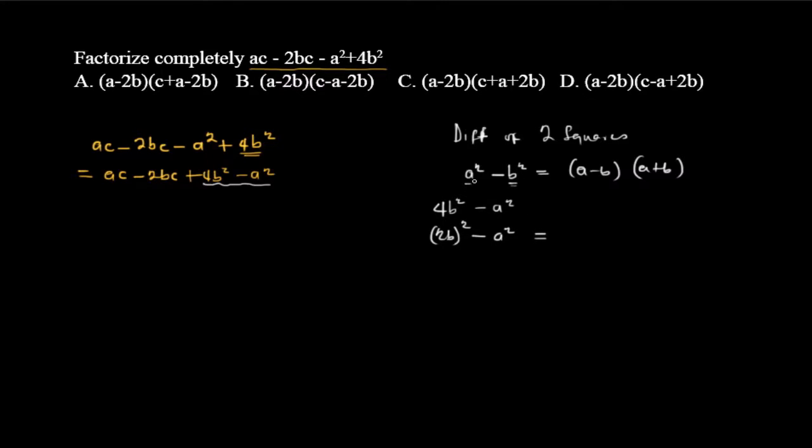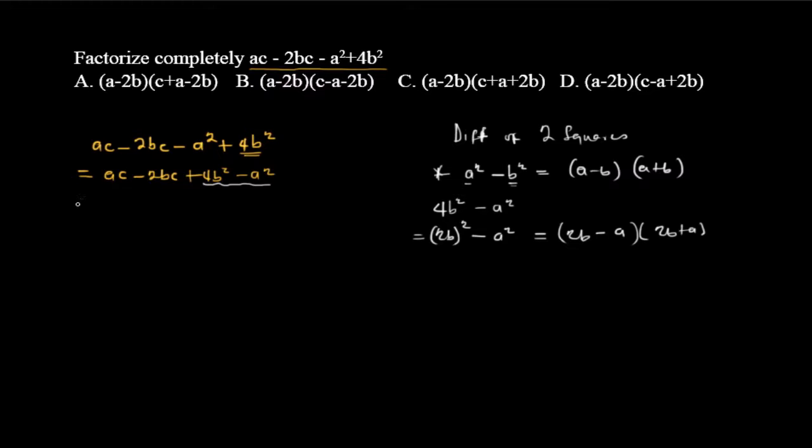So according to the difference of two squares, this could be factorized as the first minus the second times the first plus the second. So the first, that is 2b, minus the second, which is a, times the first plus the second, that is 2b + a. I'm going to write this in place of 4b² − a².